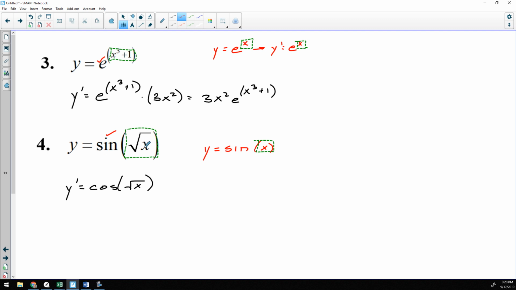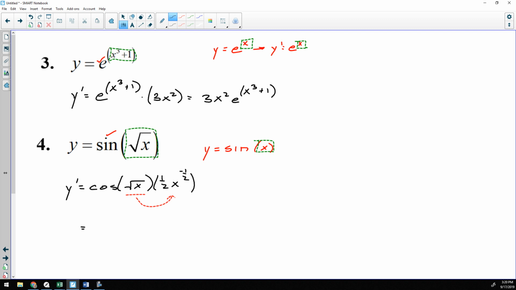Now I'll look inside, and I see a square root of x, and the derivative of the square root of x. But out here, the derivative of the square root of x is 1/2 x to the negative 1/2. And after this example, I really don't like having 1/2 x to the negative 1/2.